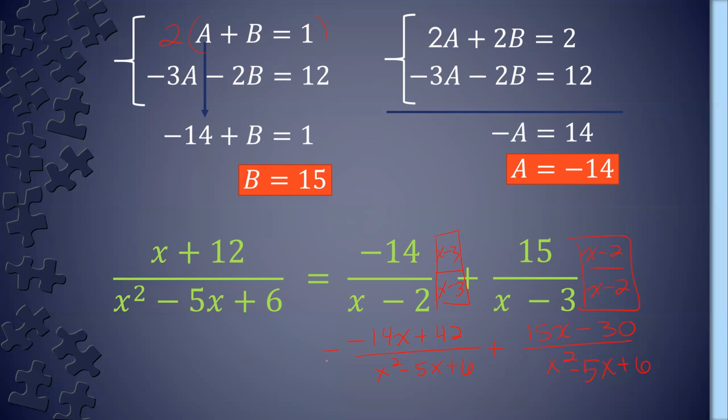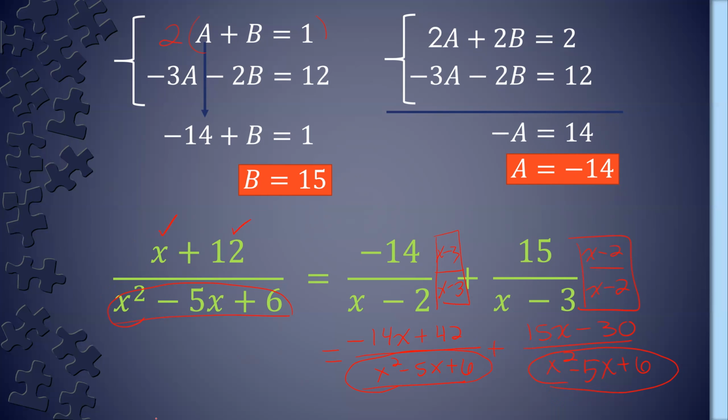If I keep the denominator the same, that's the common denominator, and add the numerators, negative 14x plus 15x is x. 42 minus 30 is 12. I have what I started.